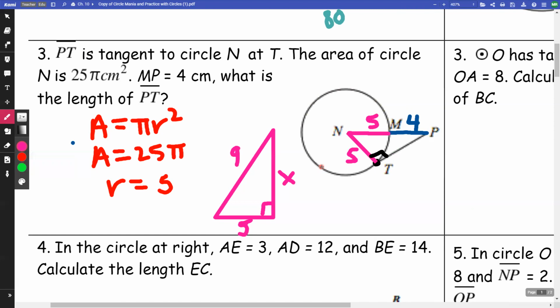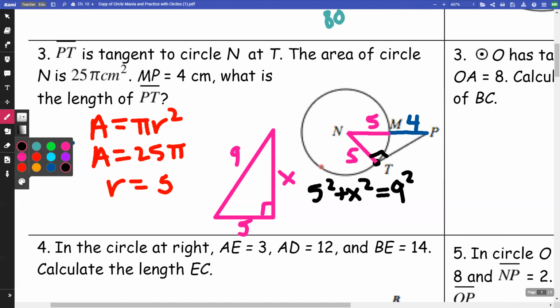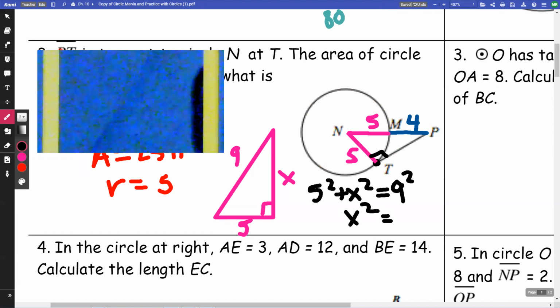So I'm going to use Pythagorean theorem. And I am going to do 5 squared plus x squared equals 9 squared. So basically x squared is going to be 81 minus 25.